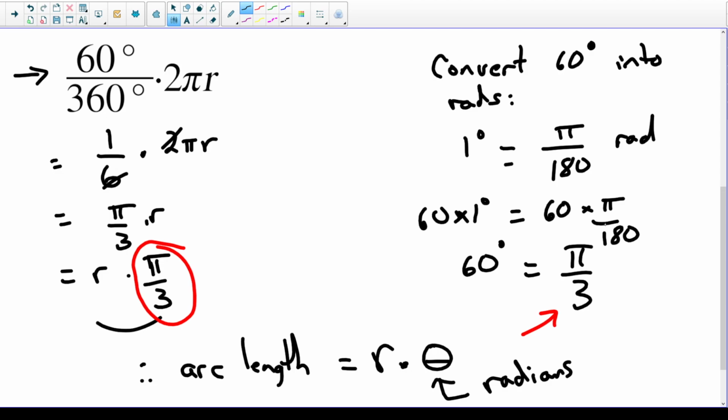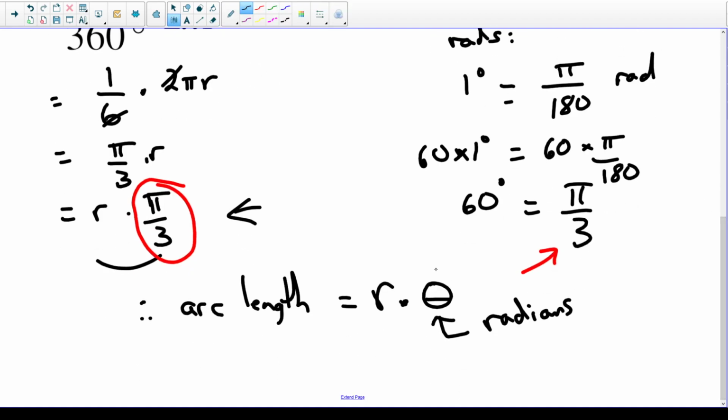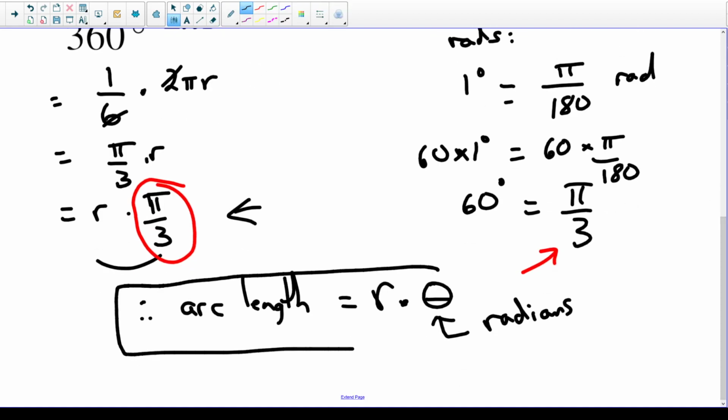If your angle is already given to you in radians, all you have to do is take your radius and multiply it by that value, and you'll get the exact same thing we did when we had to do all of this jibber-jabber stuff up here. And the arc length formula is actually defined that way in mathematics textbooks.